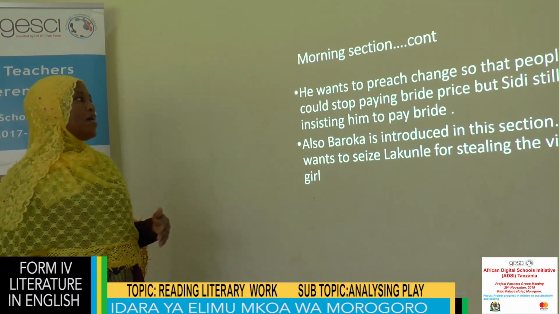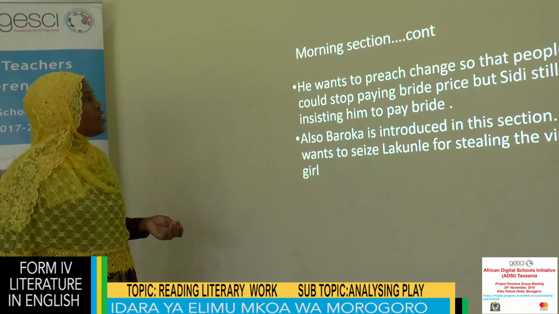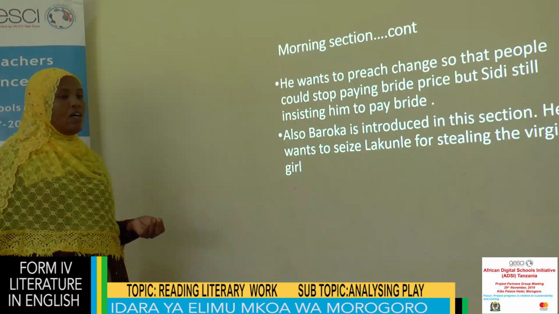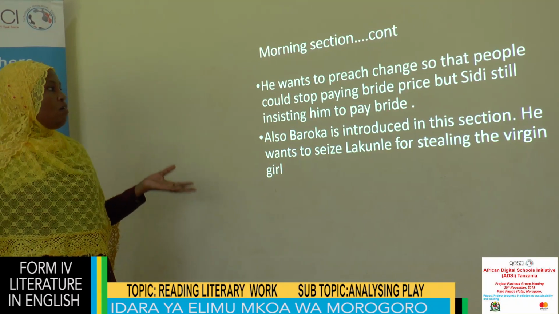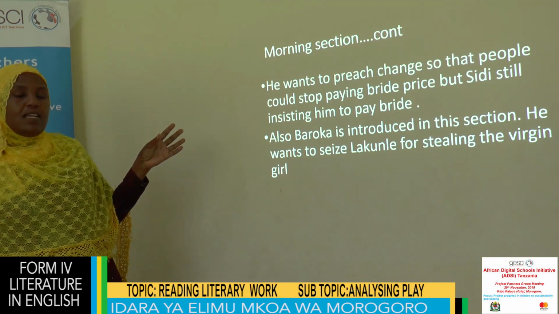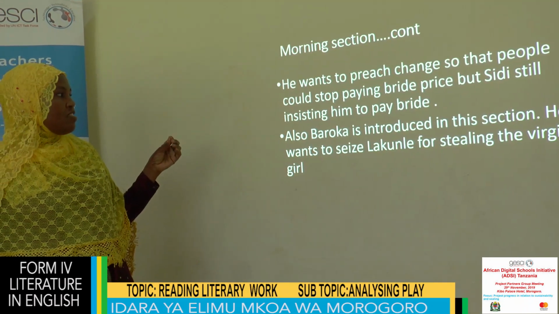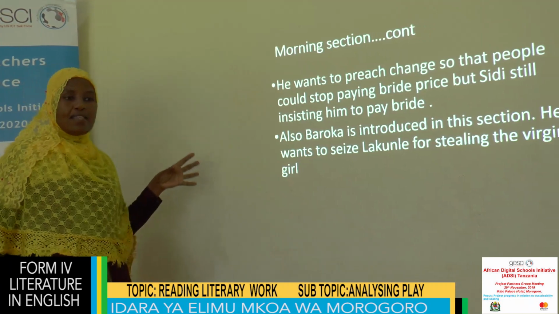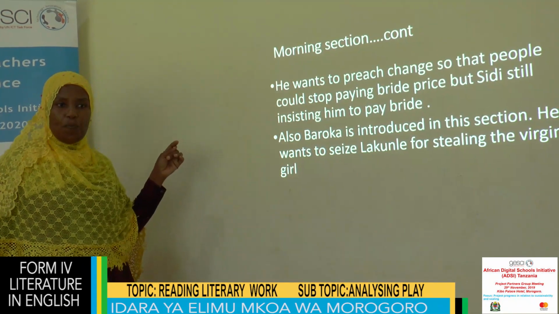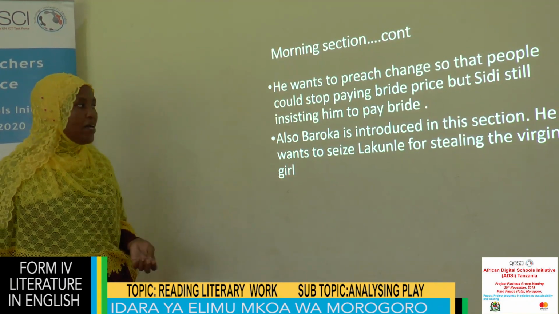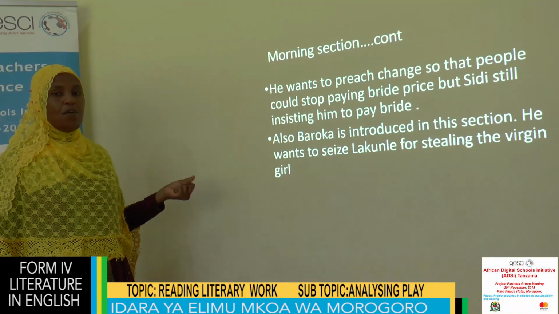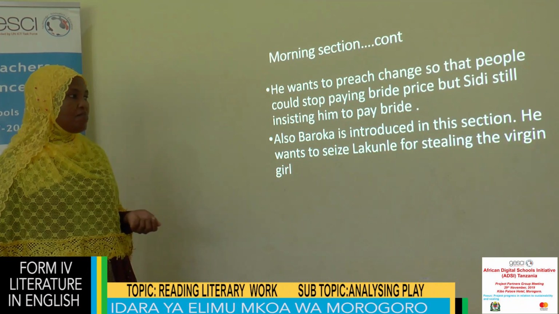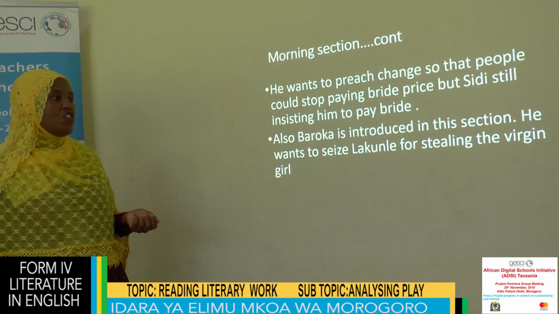The morning session still continues. After talking to Sidi, Mr. Lakunle is preaching change to other people, that men have to stop the habit of paying the bride price. But still in the morning section, there appears Mr. Baroka, the village leader.